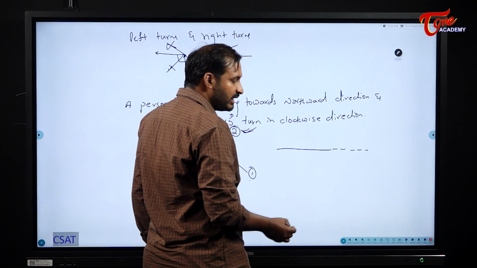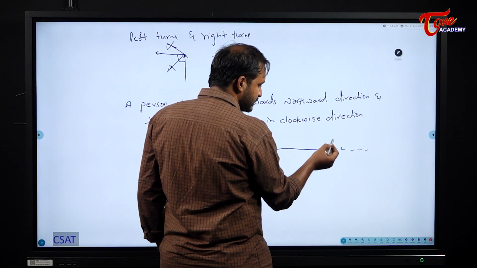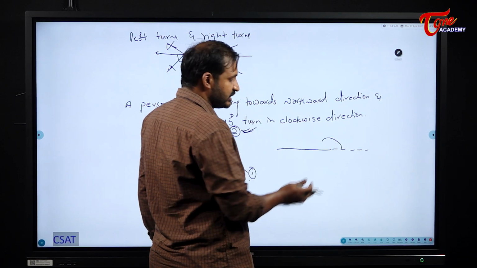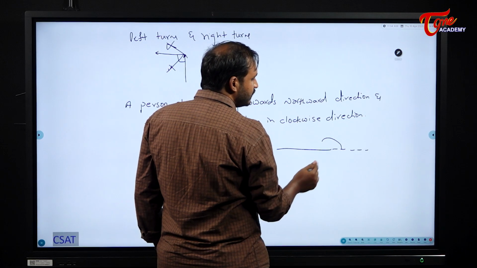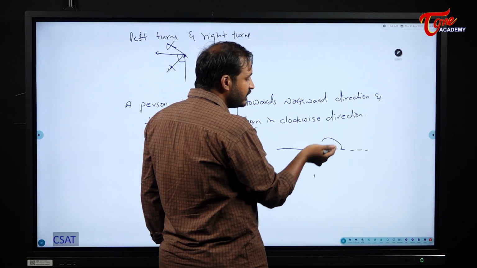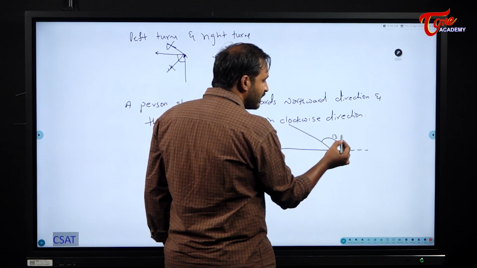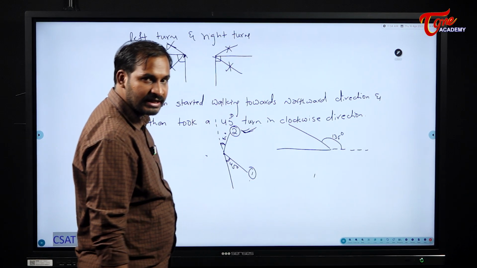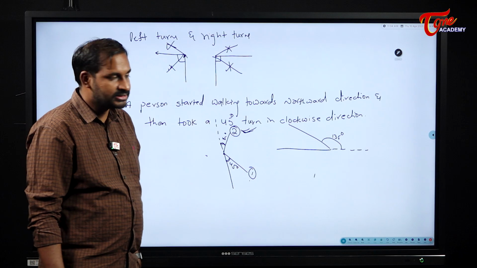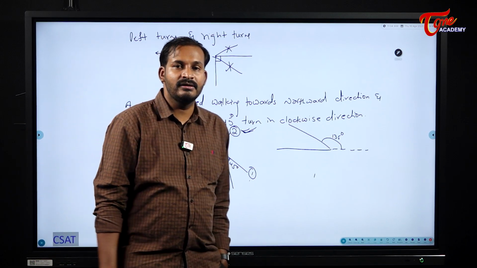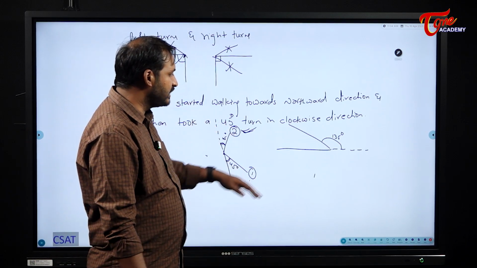This is his actual path. From here it should be 135 degrees, turning in this manner. Anti-clockwise means upward only, right? So now it will come to this position and this will become the 135 degrees anti-clockwise direction. Understood, students? So please be careful while you are taking the turns.